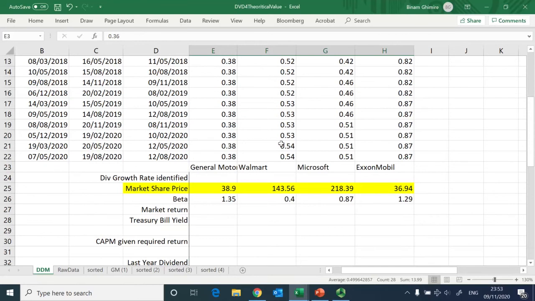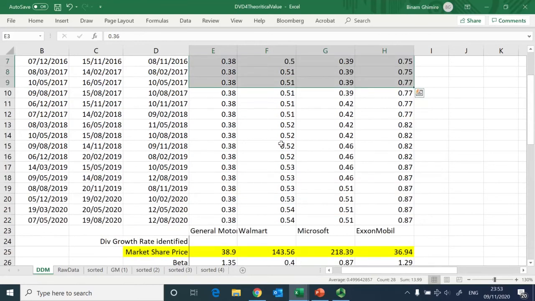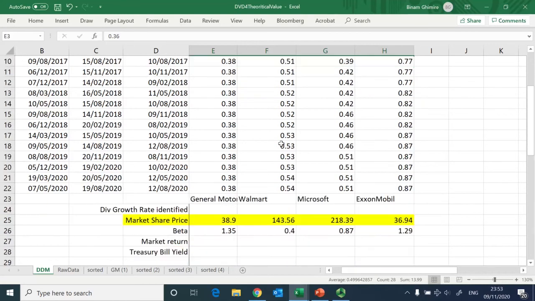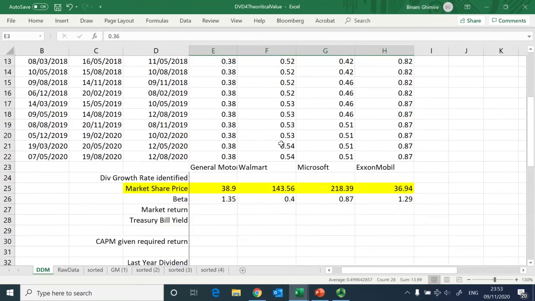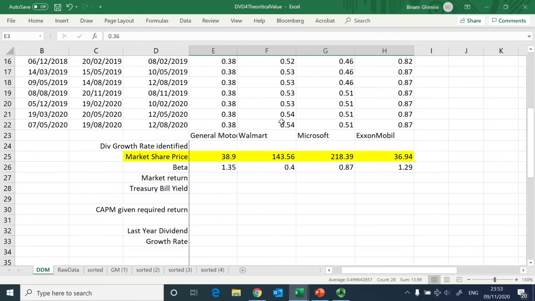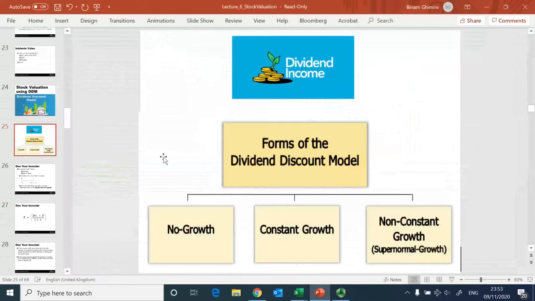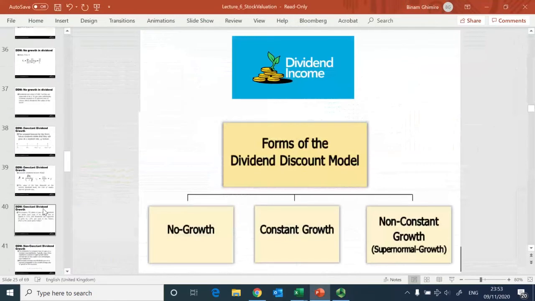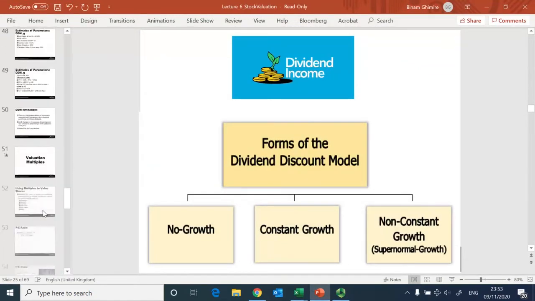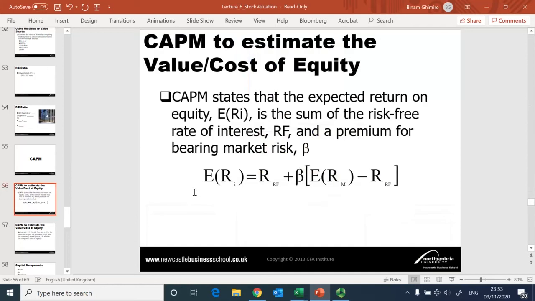Now, in order to apply the dividend discounting model, we need to know the required rate of return, and one method to find the required rate of return is through the application of the CAPM model. So in the CAPM model you need to apply this formula here.